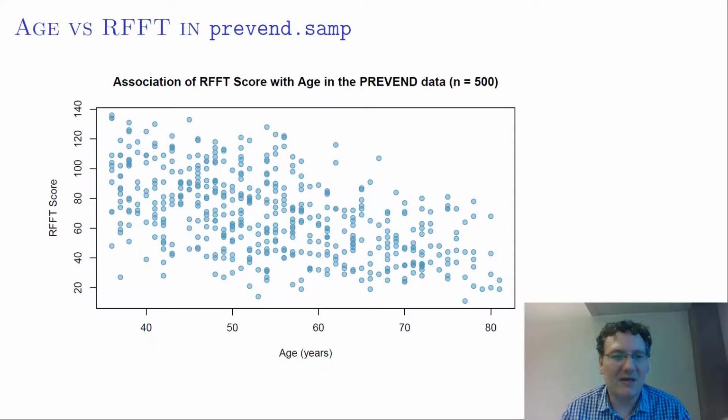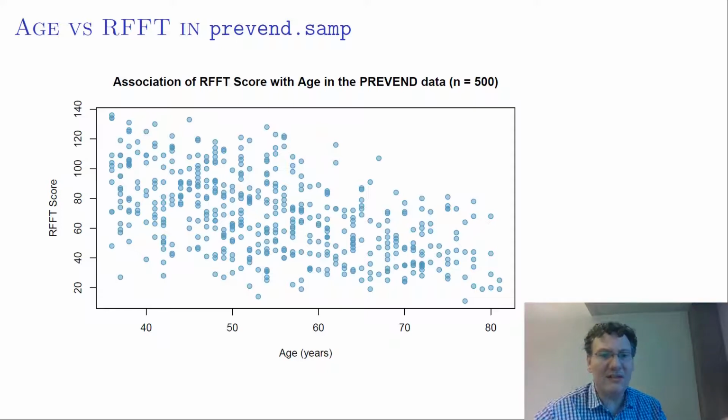If somebody scores better on their cognitive test, does that make them get younger? That doesn't make any sense. But if they get older, does it make sense that they maybe are going to get worse in their cognitive score? So you have to think about what direction the relation goes, and the one that has the influence on the other variable needs to be your horizontal variable, the predictor.